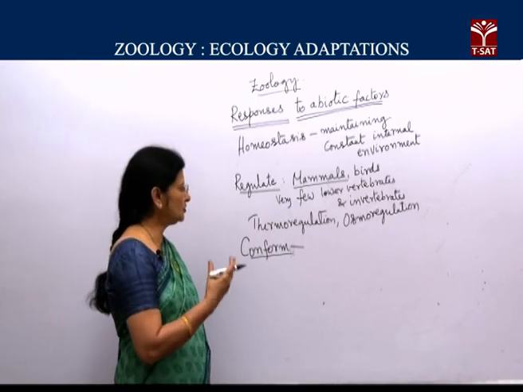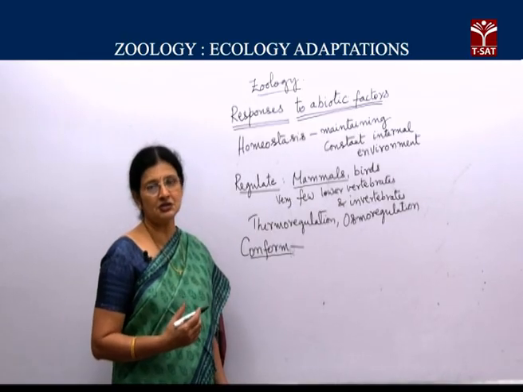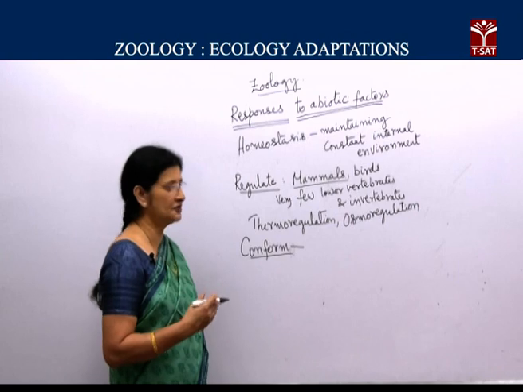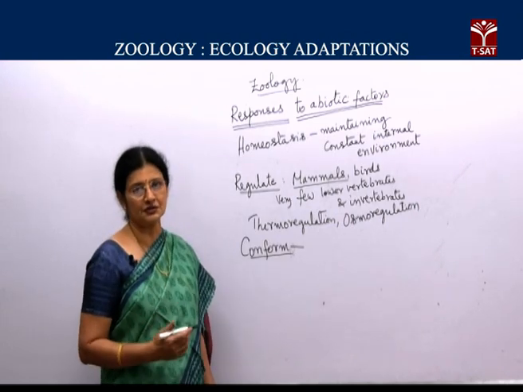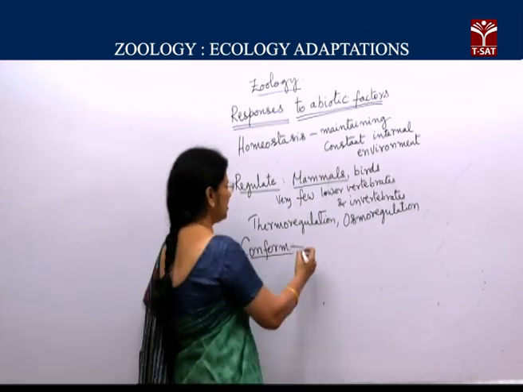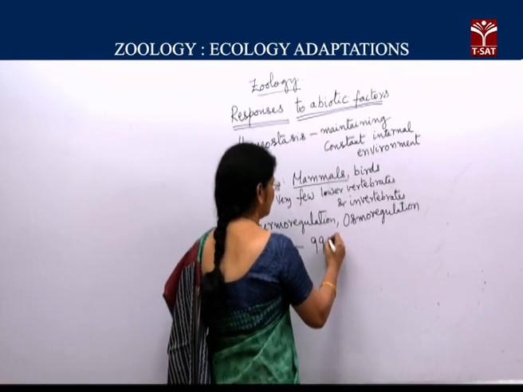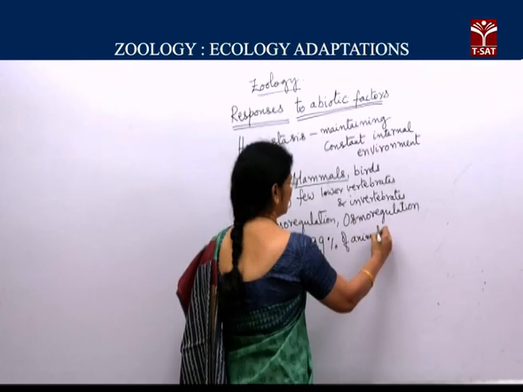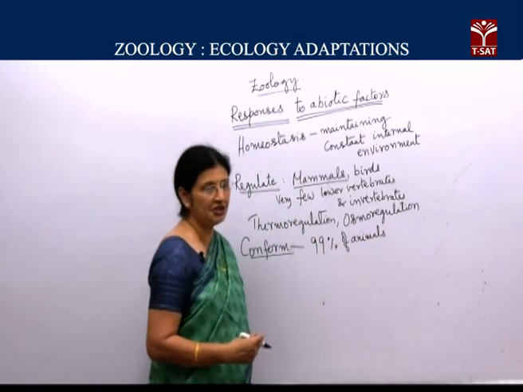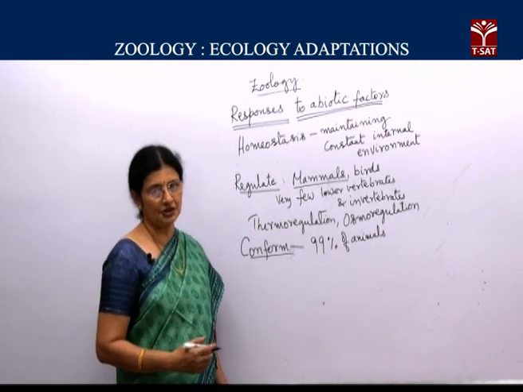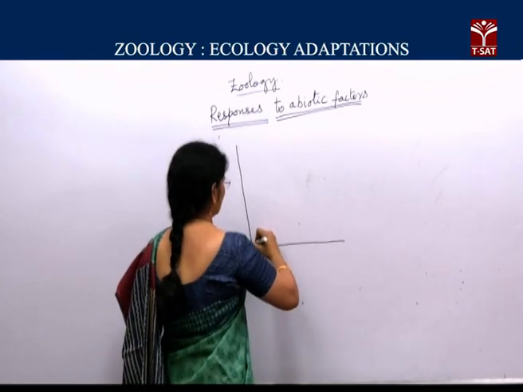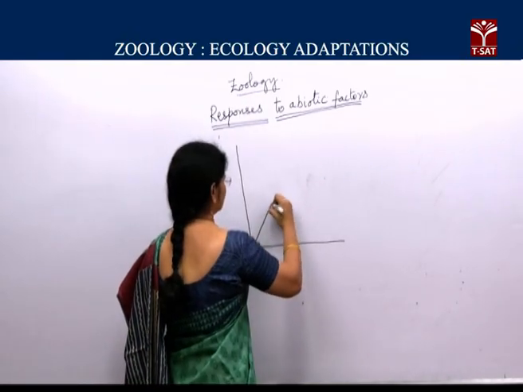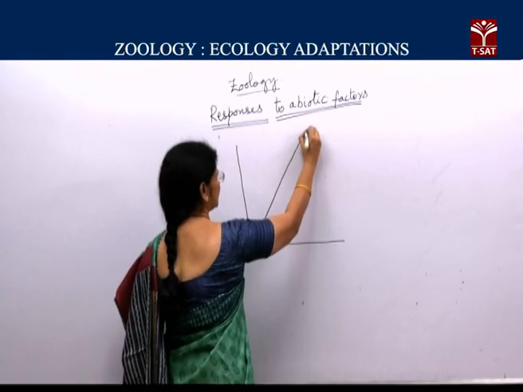They don't have those mechanisms like advanced animals, so they conform to the surroundings. So 99% of animals are conformers. They change according to the external environment.